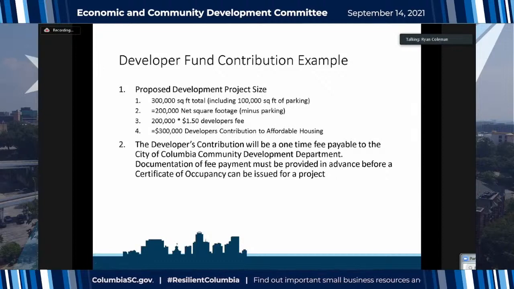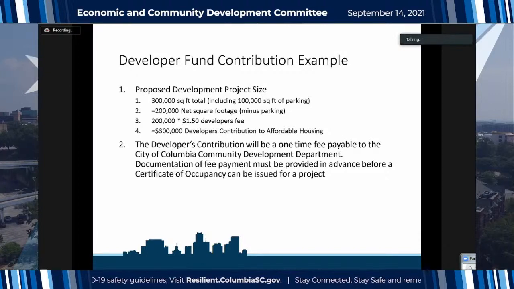I kind of just modeled something real simple out here with 200,000 square feet of space in their project. This doesn't include parking. You've got a 200,000 square foot project. It's $1.50 per square foot developer's fee. If it's student housing and you want to be considered for the incentive, that means it's $300,000 that you have to contribute to the city's affordable housing fund.